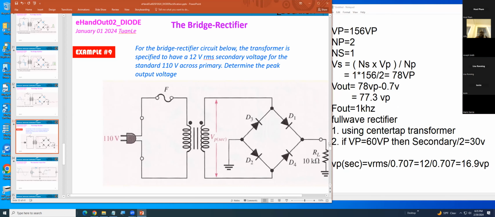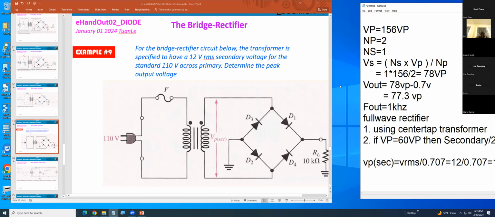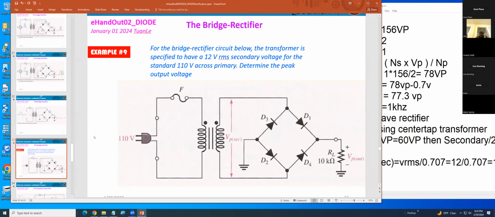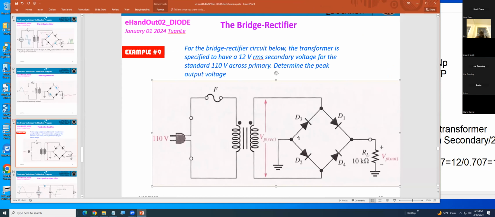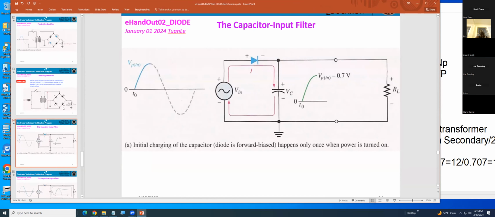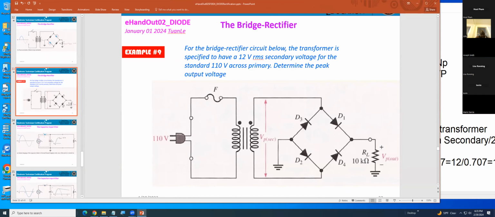Okay? And if they want a V out, they're giving you the formula here. Okay, just so I'm clear on this, the formula is VRMS divided by 0.707.